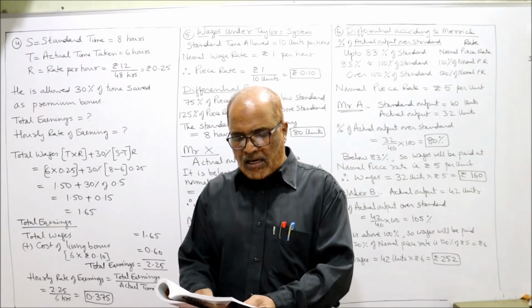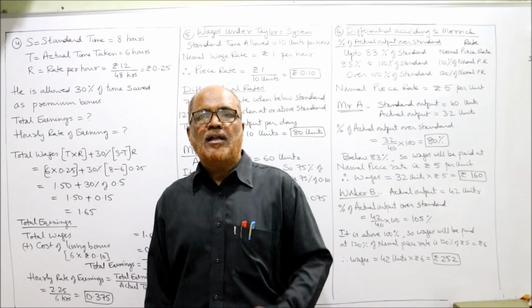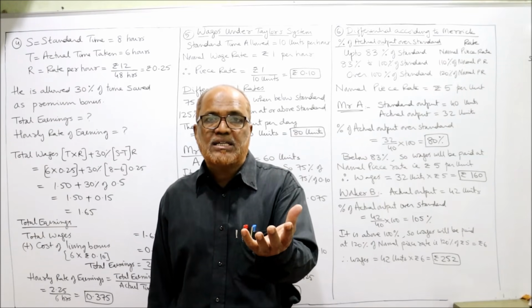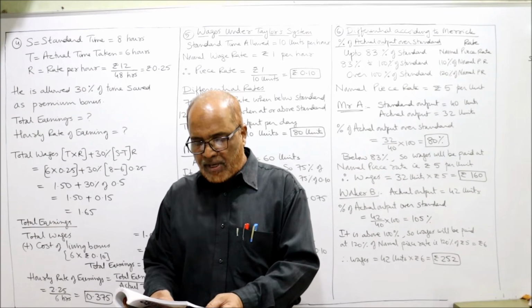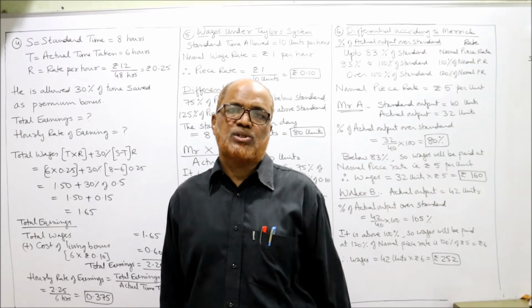He is given an 8 hours task to perform, which he accomplishes in 6 hours. The employer has given a job. The standard time of the job is 8 hours, but the worker actually has completed the job in 6 hours. He is allowed 30% of time saved as premium bonus.